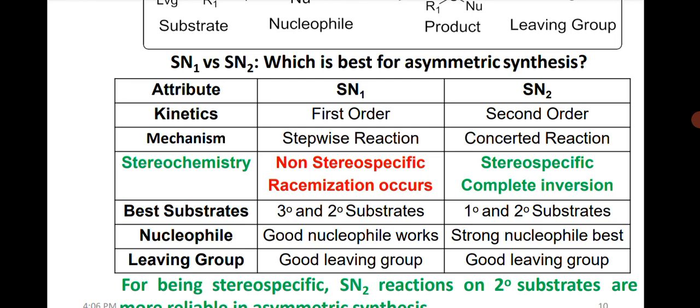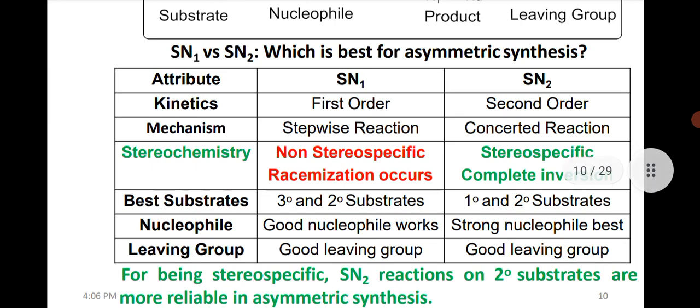That's why the SN1 reaction prefers tertiary carbocation over secondary, and secondary over primary. If the substrate is of secondary or tertiary origin, SN1 will be preferred. If it is primary or secondary, SN2 will be preferred.